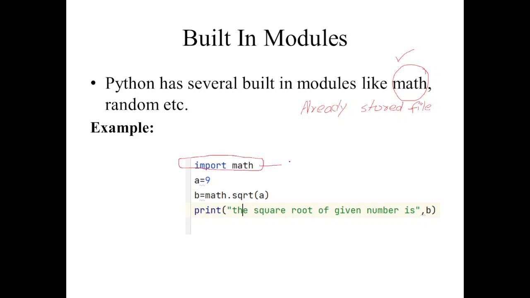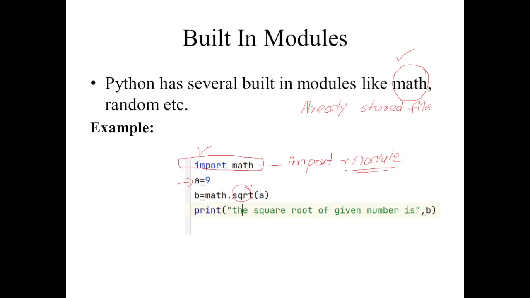First, we import the module with its name. As you can see here, we have imported the module with its name, which is math. Math is the name of the module or the name of the file, and we have imported this file in our program, and we can use this file by using its own functions.